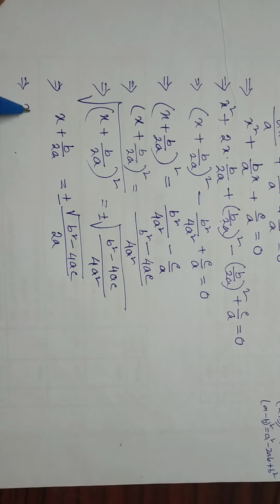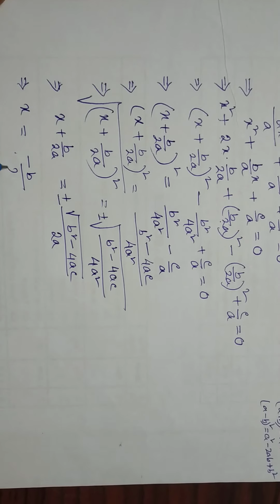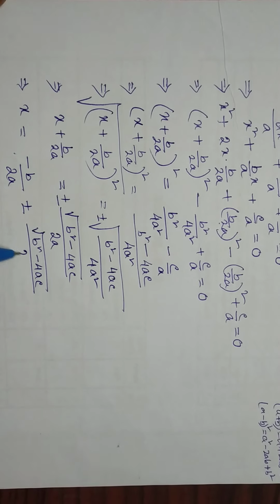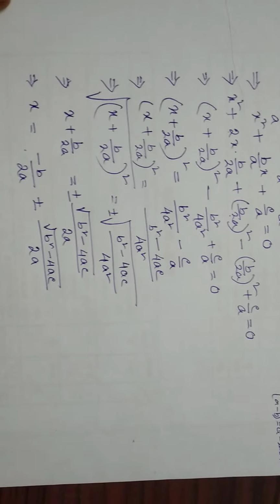Therefore x is equal to minus b by twice a plus minus root over b square minus 4ac divided by twice a.